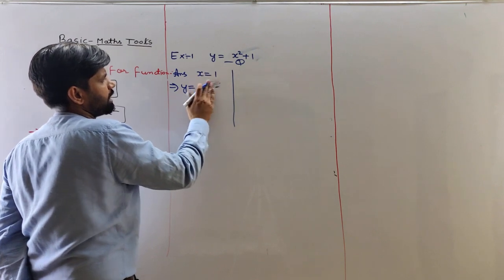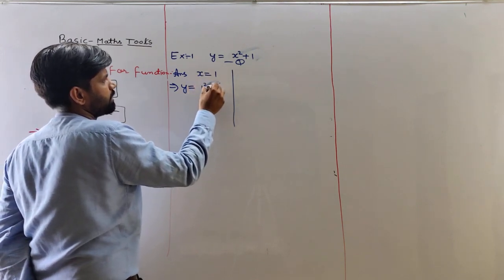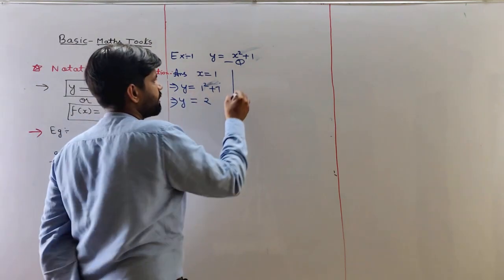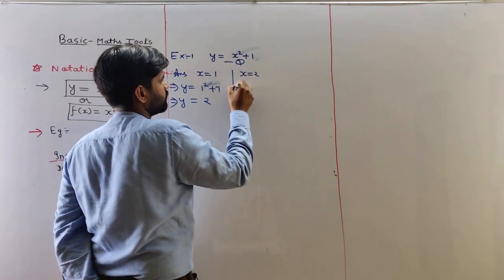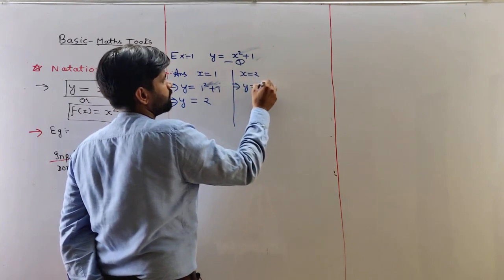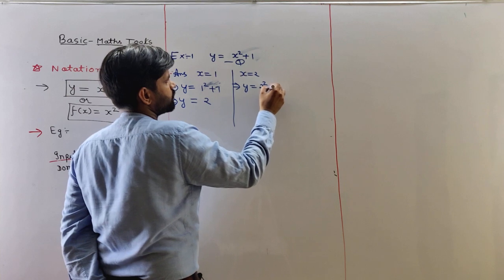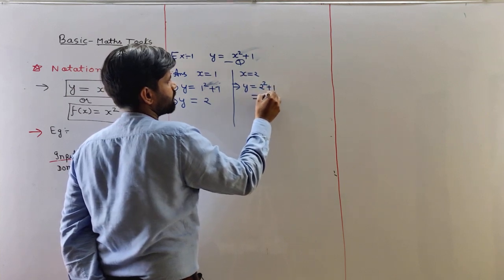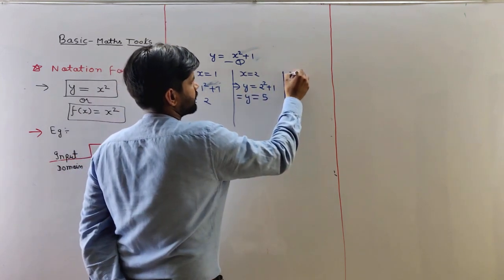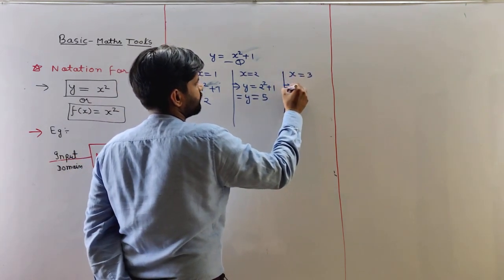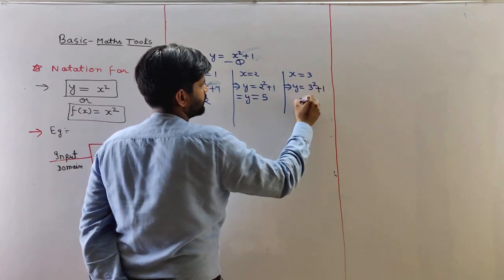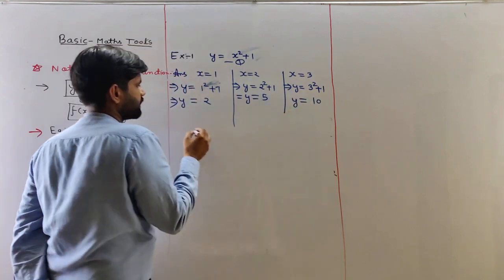y is equal to 1 square plus 1, that is equal to 2. If we put x is equal to 2, then y is equal to 2 square plus 1, that is 4 plus 1, that is 5. If we put x is equal to 3, then we get 3 square plus 1, that is equal to 10. Understand?